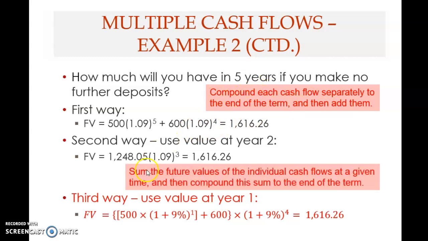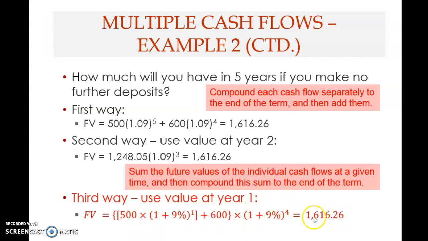The second way is you can sum the future values of the individual cash flows at a given time. So here you sum this, you take the single sum and then you compound this. So this is at the end of year 2, and then you compound for 3 more years, you get the same answer. Or you can sum at the end of year 1, and then you compound for 4 more years.